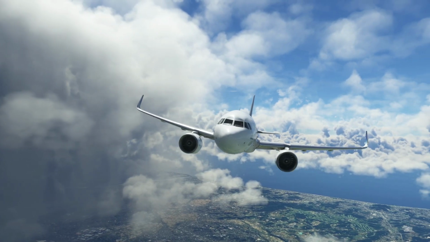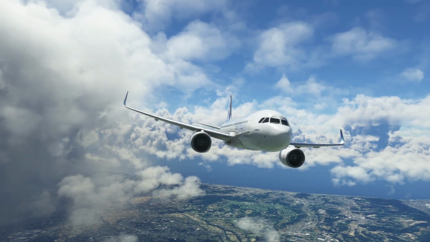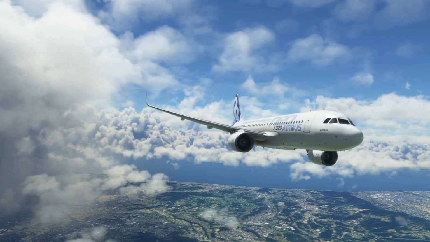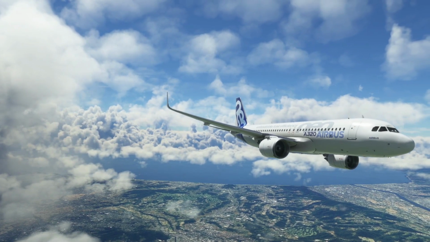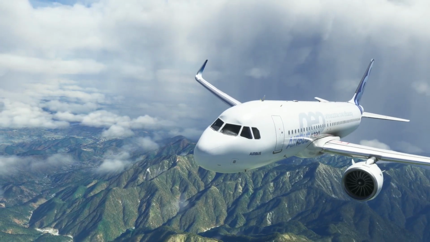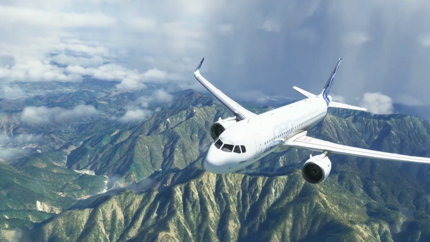Now, there are some challenges to this because every aircraft, even in real life, has its own little quirks and intricacies, so no two aircraft are exactly the same. They're obviously very close, it wouldn't make sense for them not to be, but there are little tweaks and changes for every aircraft that pilots will pretty much adapt to almost straight away when they get a feel for hand flying the aircraft.